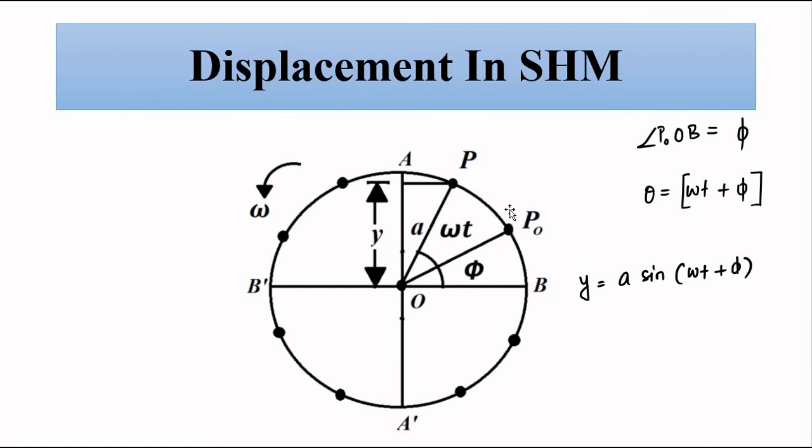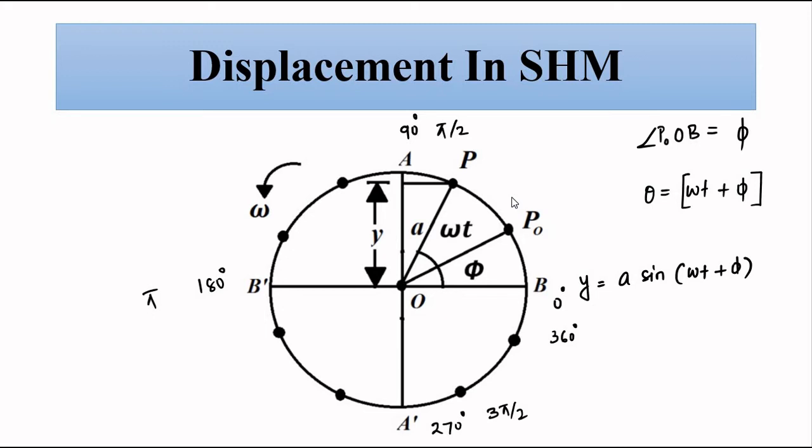For example, this is 0, this is 90 in the anti-clockwise direction, 180 degree, this is 270, and this is 0 degree or 360 degree. Or we can say this is 0, this is π/2, this is π, this is 3π/2, and this is again 0.